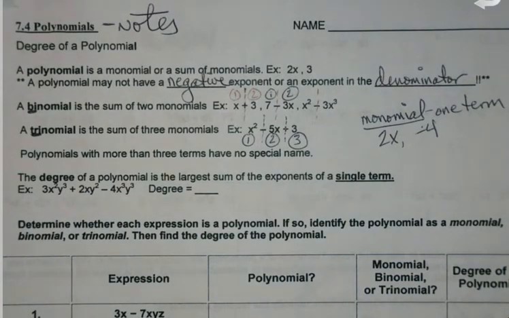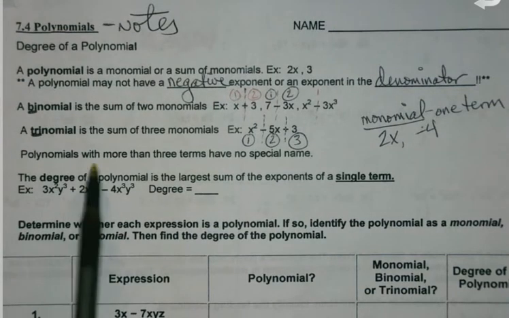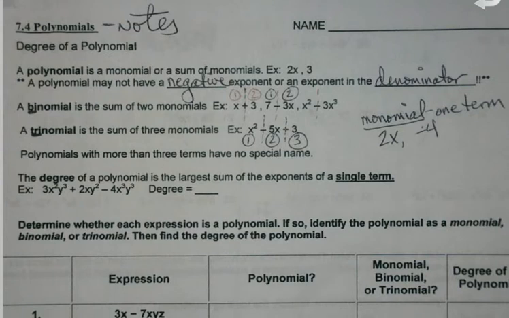So just let that be your guide. Once you start seeing pluses and minuses between stuff, that's how we're going to figure those out. And if you get ones that have more than 3 terms, 4, 5, 6 terms, we really don't use special names with those. We just call them polynomials at that point. Poly just means many terms.